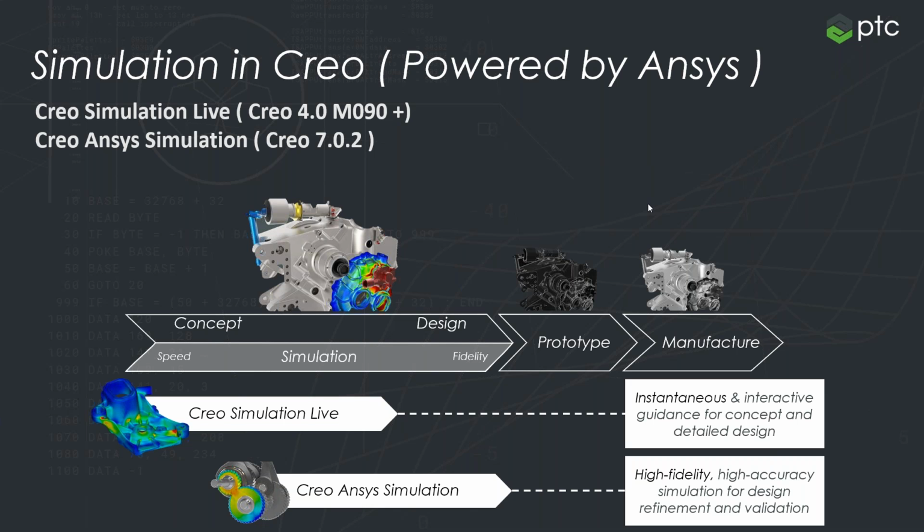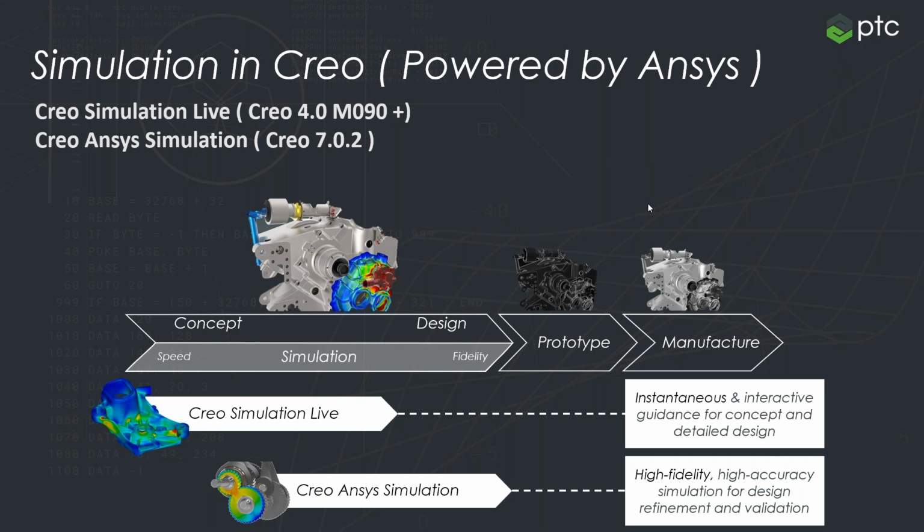And then just a month ago, Creo 7020, right? It's technically the second date code of Creo 7.0, M020, now called 7020. That was released, and with that, PTC introduced this Creo ANSYS simulation, right? What the ANSYS simulation is meant to do is give you a more high fidelity, more accurate solution.